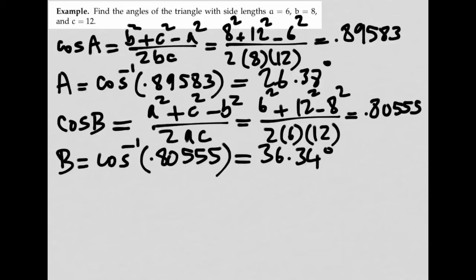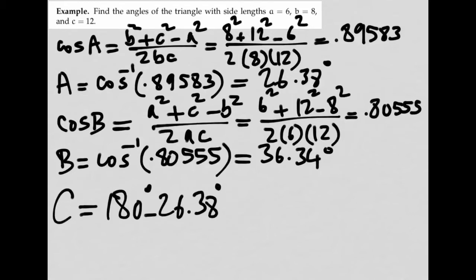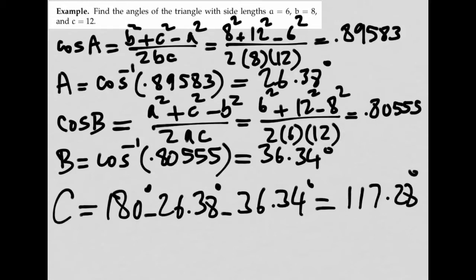But there is a faster way to do this, namely using that the sum of angles in a triangle is 180 degrees. So C would be 180 minus 26.38 degrees minus 36.34 degrees, which is 117.28 degrees.